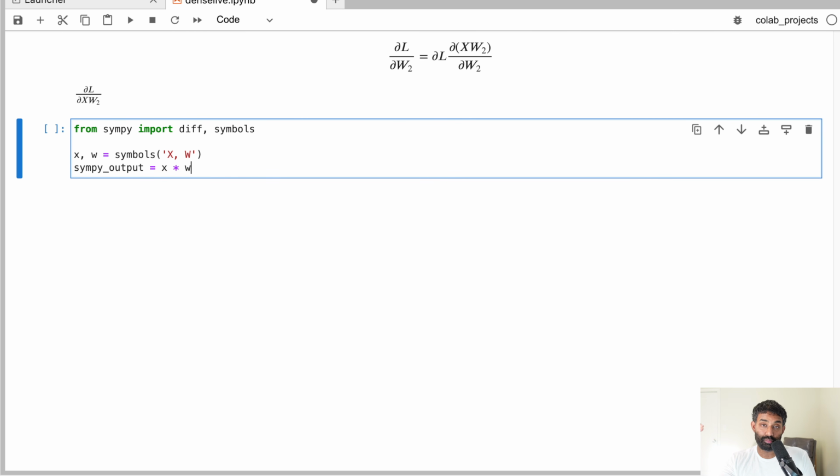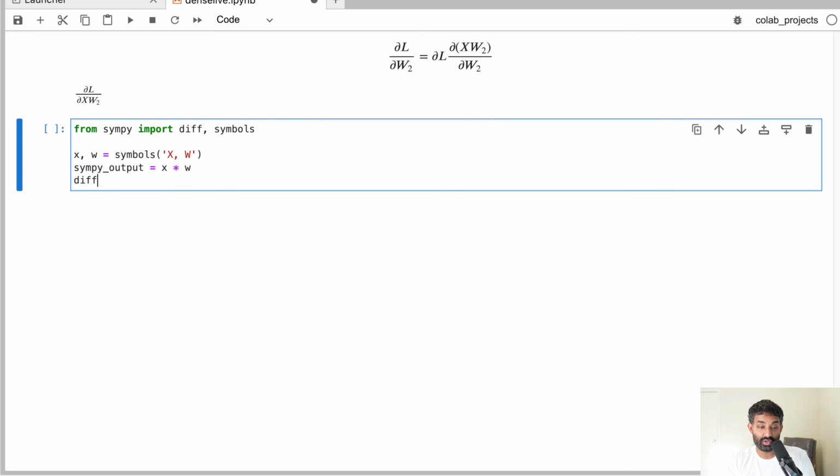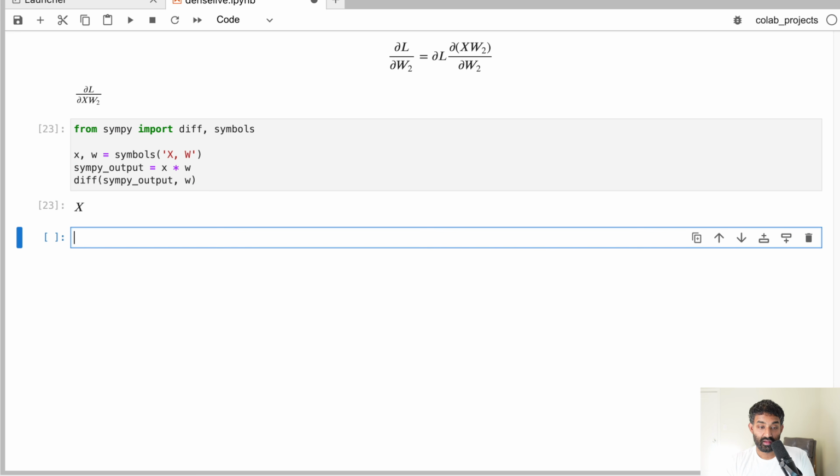So this is the output in the forward pass, not including the bias, which we just omitted for simplicity, but it's the output of layer 1 times the layer 2 weights. And then we can use the diff function to actually differentiate this and get the derivative with respect to W. And as it turns out, it is X.